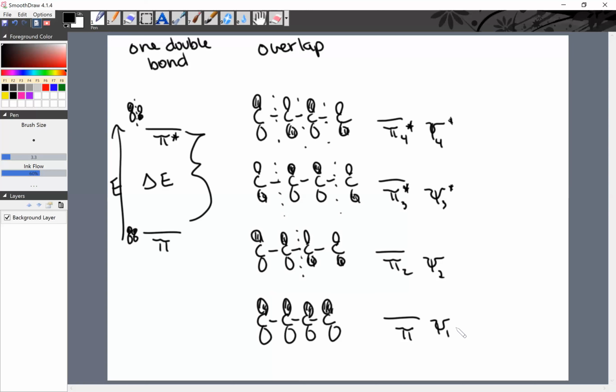The key here is that delta E is smaller than in non-conjugated systems. So this is 2 double bonds that are conjugated.